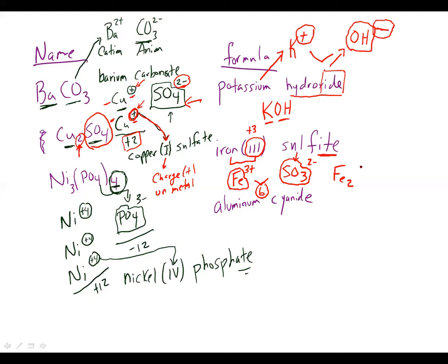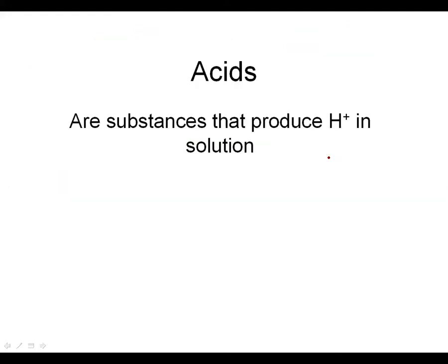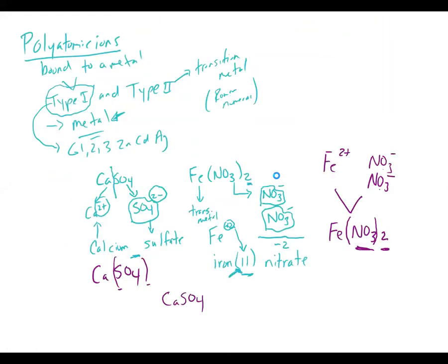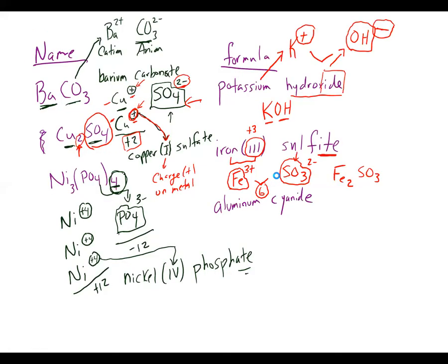And to get our sulfite to 6, we actually need 3 of them. If we look at our SO3 2-, we need 3 of them. But because it's more than one polyatomic ion, we have to put parentheses around the SO3.